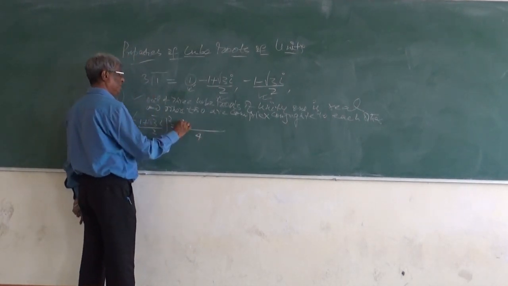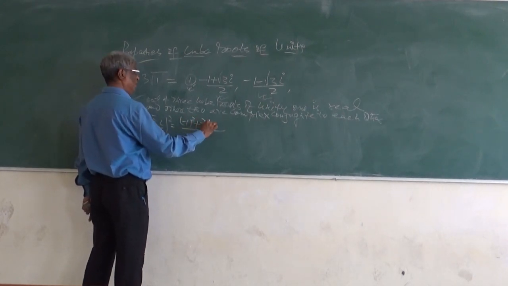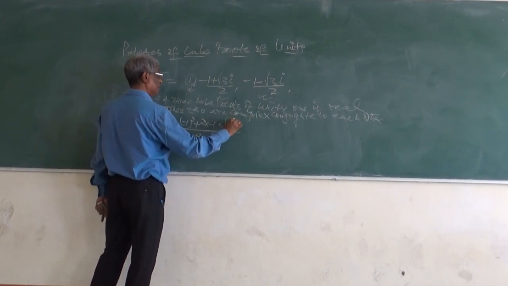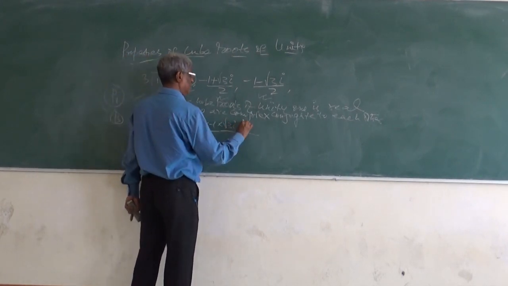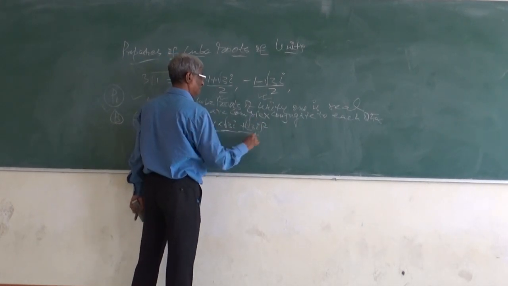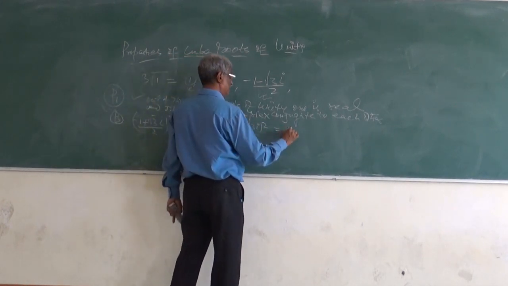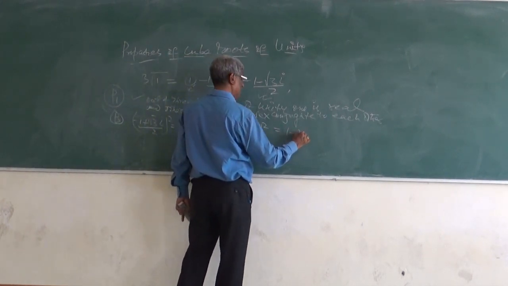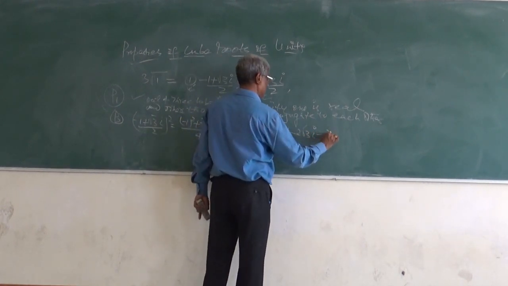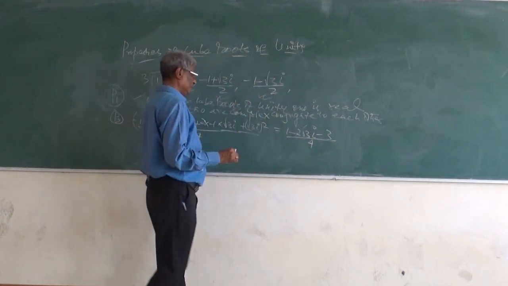This is (a plus b) whole square, which means a square plus 2ab plus b square. And this will be 1 minus 2 root 3 iota minus 3, divided by 4.